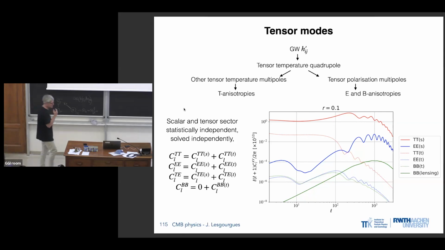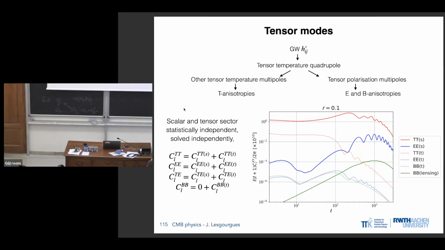So this was the first method that was used to try to measure tensors. And the result was negative with WMAP, with Planck, from temperature. It seemed that the whole signal can be explained by the scalar contribution, which puts an upper bound on the gravitational wave. But the upper bound is not super accurate because at some point you cannot constrain this because it's hidden in your noise and it's hidden in your cosmic variance.